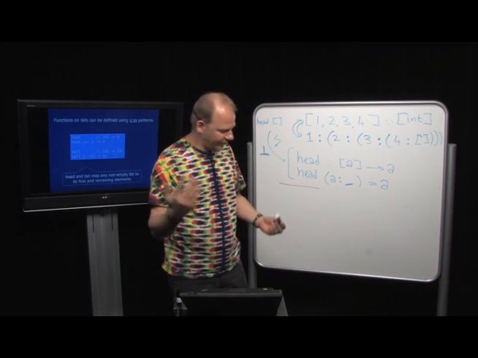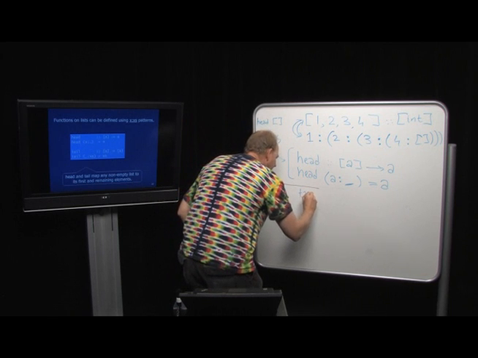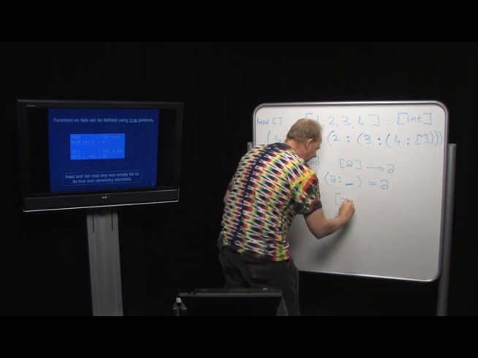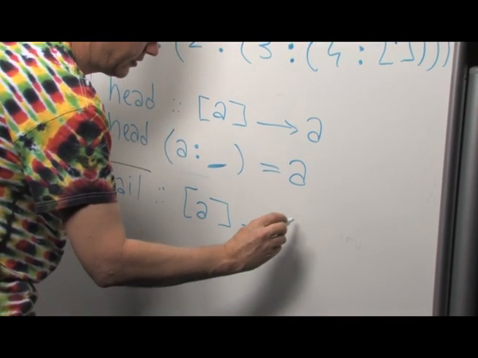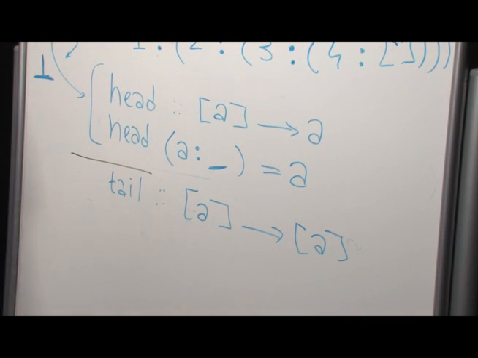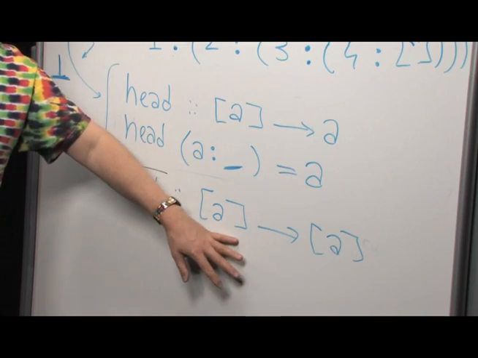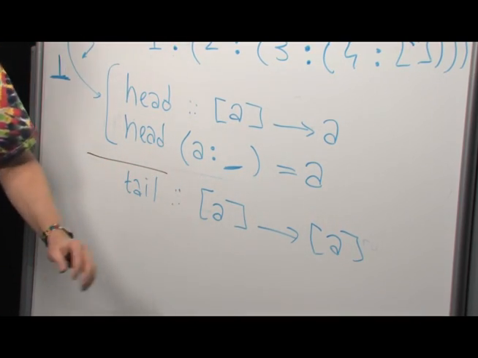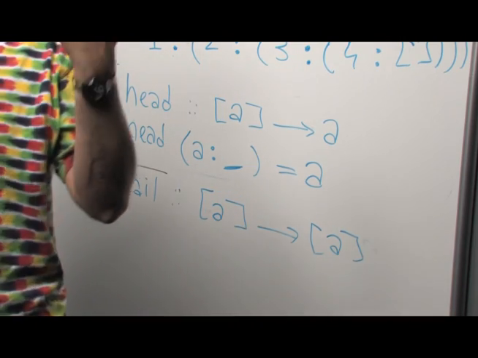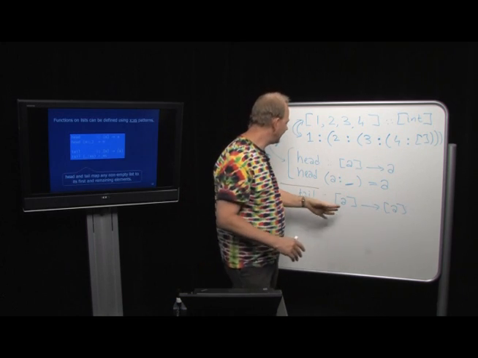And then the other function, of course, if you have head, you want to write the function tail. Let's write down its type. So tail takes a list and returns another list. Well, if you look at this type, it says, given an arbitrary list of elements of type A, return to me another list of type A. I can only think of maybe 4 functions that satisfy that type.